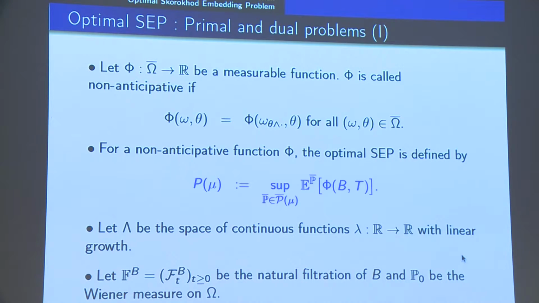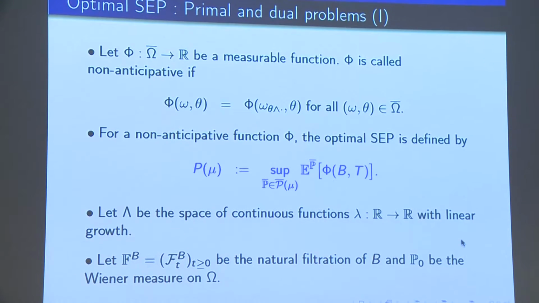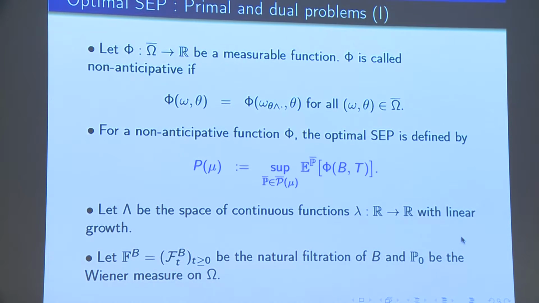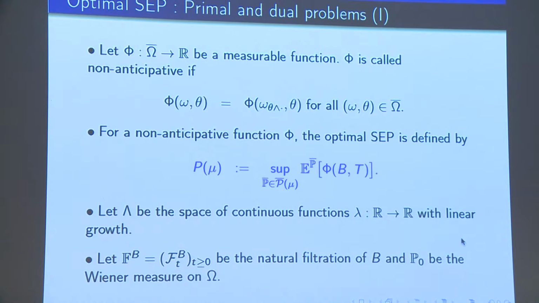As for the optimization problem, we consider this problem for a restricted class of functions which are called non-anticipative. That means this functional depends on the path up to theta.